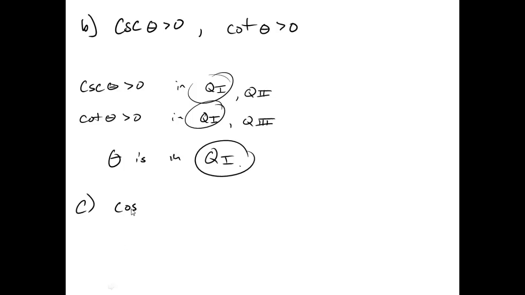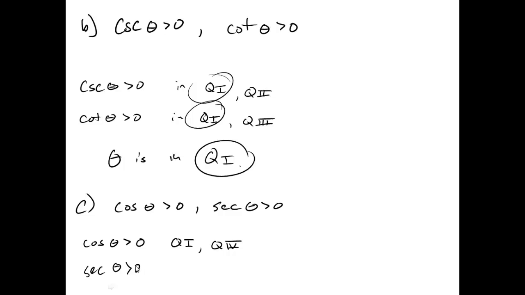If I had cosine theta is greater than 0 and secant theta is greater than 0. Cosine theta is greater than 0, well, that's either in quadrant 1 where they're all positive, or cosine is also positive in quadrant 4.